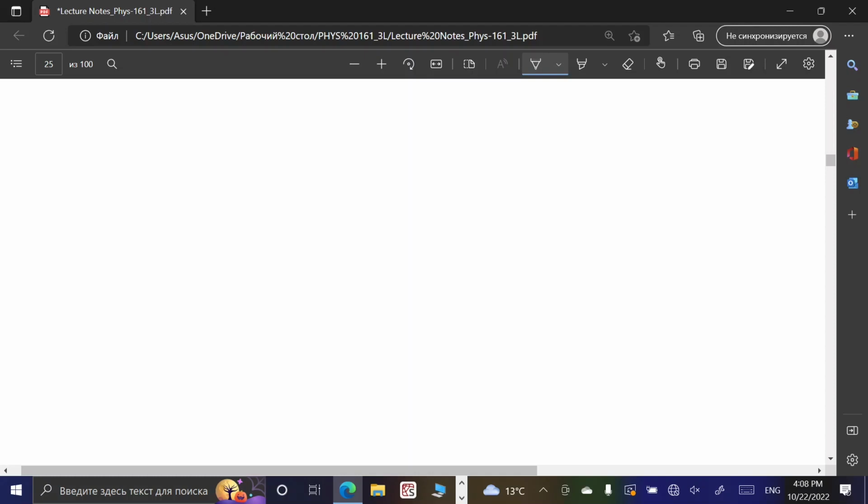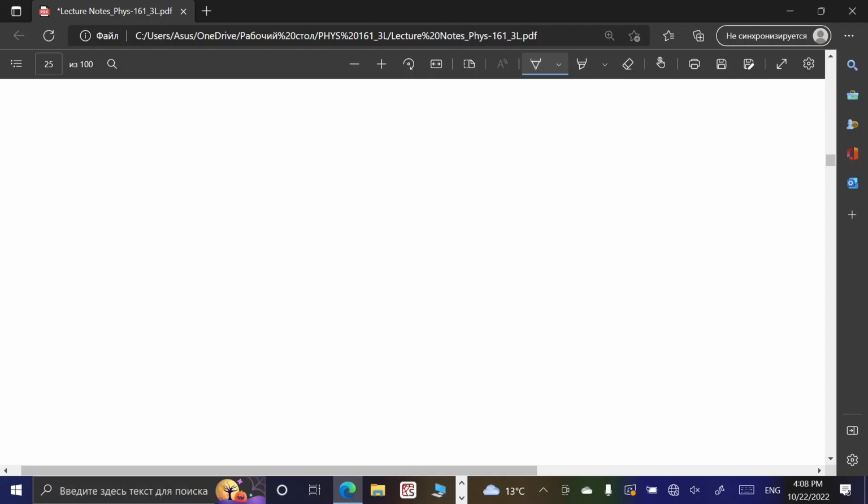It's called sound level, which is measured in decibels. We will figure out why we introduce this and how we deal with this. Right, so let us start with sound intensity.